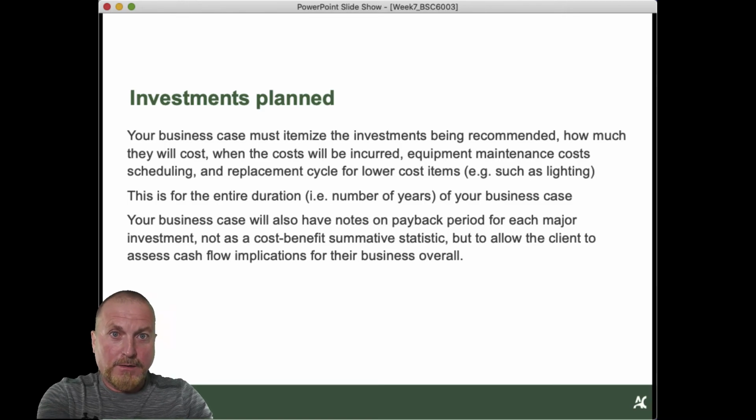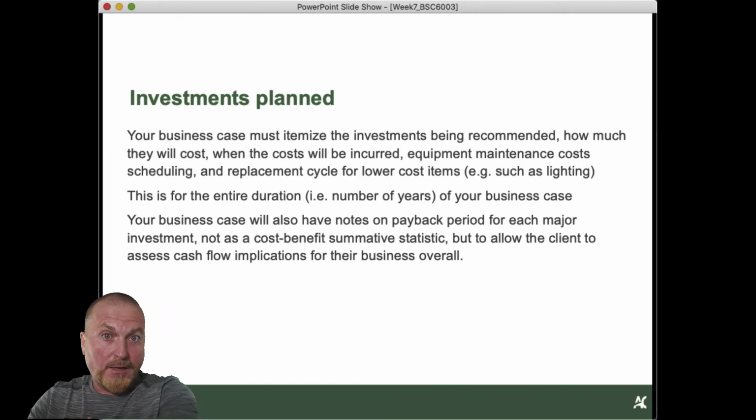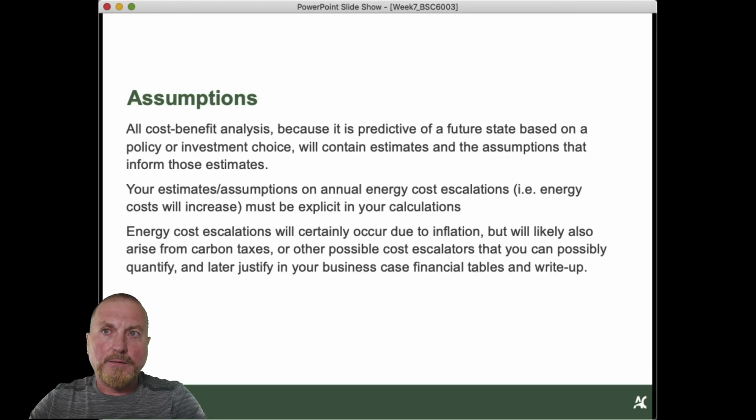Or maybe your green option 3 is so ambitious that it's completely transforming the energy profile of the entire building. That's up to you. But whatever you do in the scope, the investments planned and needed need to be compared with the baseline, so they need to be equally precise as the baseline.